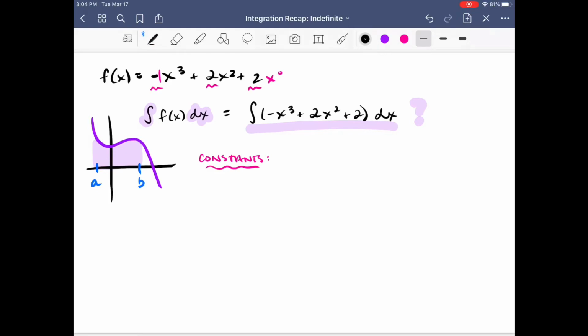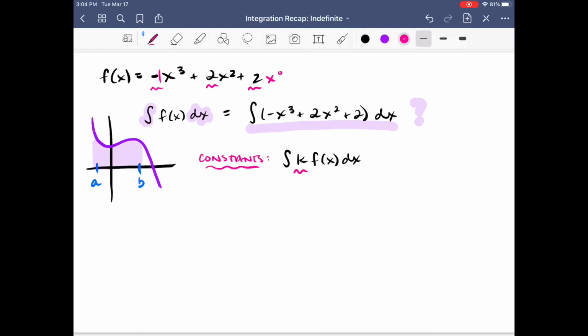So my rule for working with constants when I take the integral is going to be exactly the same as the rule I had for constants when I took the derivative. So if you remember way back then, you already have this skill in your toolbox. It's just about adapting it to a new medium, to the integral. So let's generalize this and see what happens when I take the integral of some constant k times f of x dx. Now, this constant k could be any number.